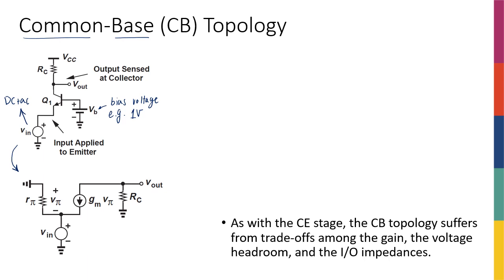For example, the DC could be 0.3, so that the difference between base and emitter would be 1 minus 0.3, so 0.7. So it's around the biasing that we like to have across our base emitter diode to have a proper operation.